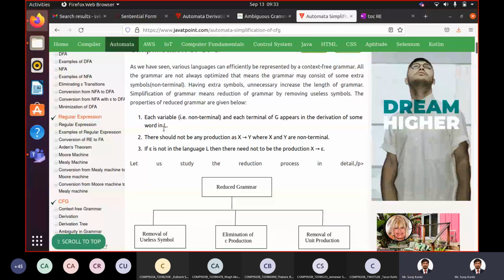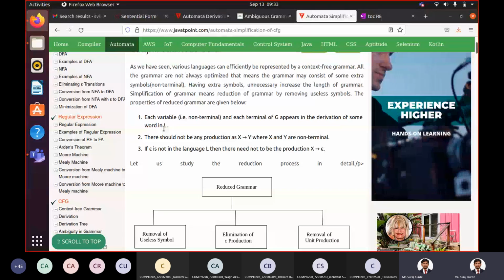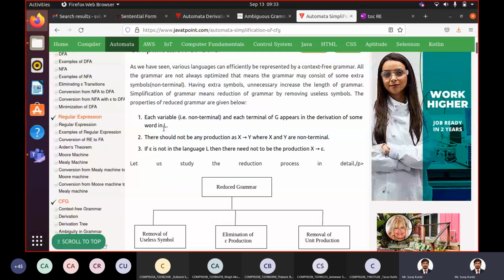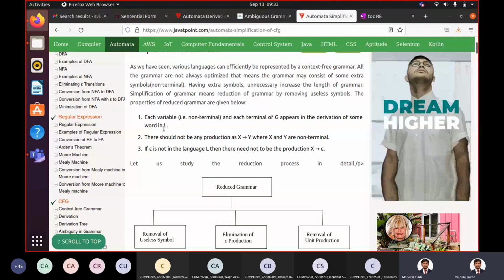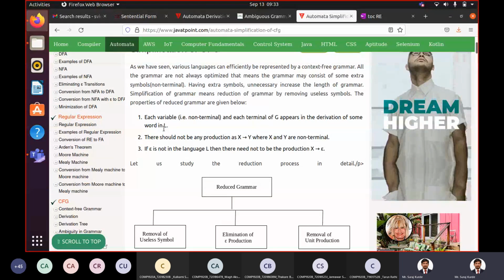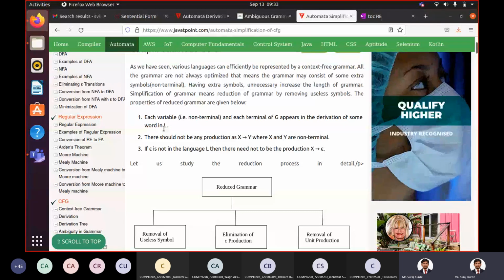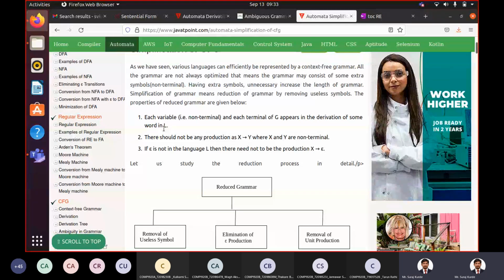There should not be any production such as X produces Y, that is a unit production. Capital X produces capital Y. One non-terminal producing another non-terminal is of no use. And if epsilon is not in the language, then there need not be an epsilon production as part of the production rules of a grammar. So if epsilon is not part of the language, then only we can remove it.